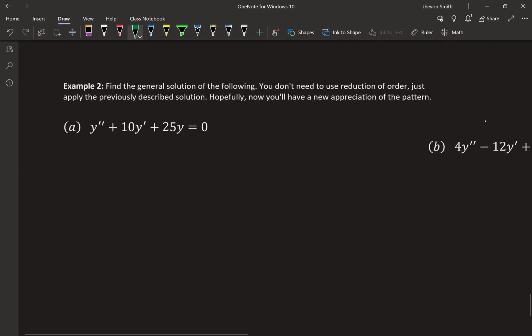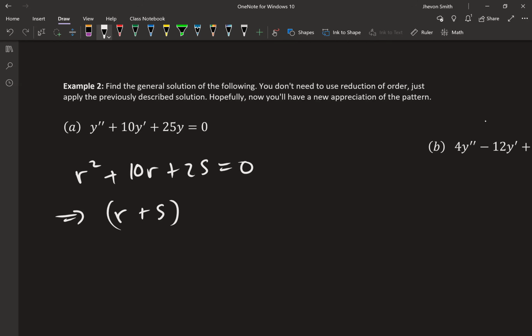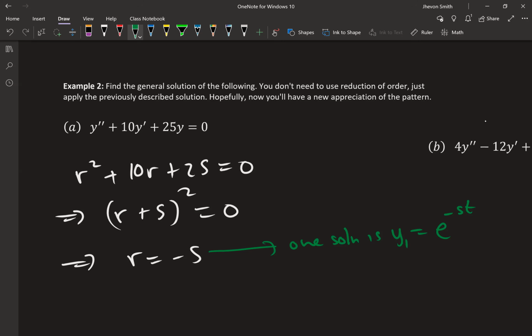So now here, I can just say, well, this is r squared plus 10r plus 25 equals 0. You can notice that this is actually r plus 5 all squared equals 0. So this tells us that r equals -5. So in fact, here, what you'll notice, we know that one solution is y1 equals e to the -5t by reduction of order.